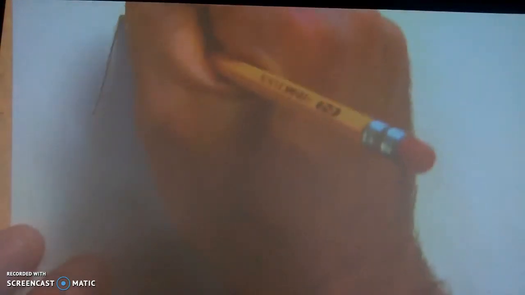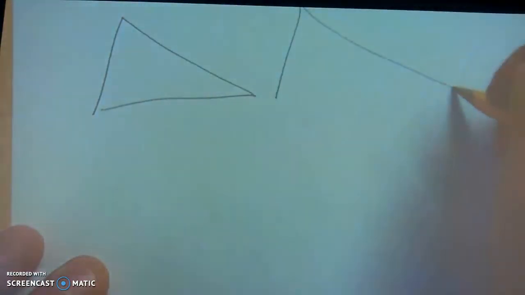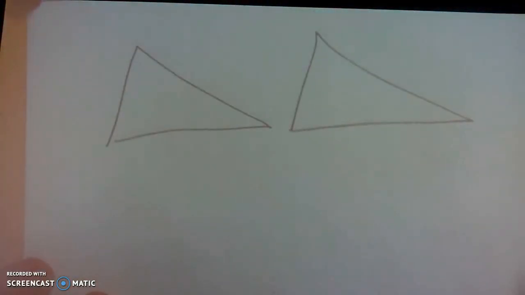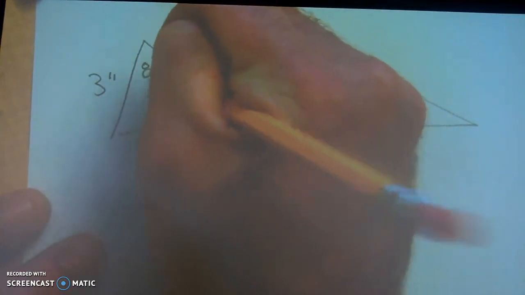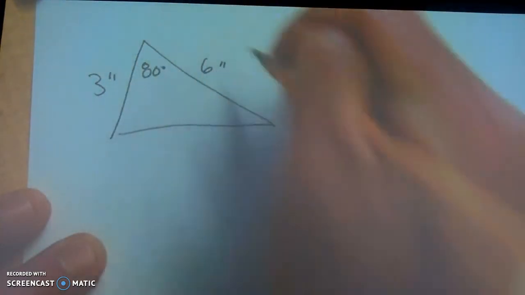I'm going to flip on the back and give you just one other couple of quick examples to help you on your worksheet there. So here's a quick one. Let's say we've got a triangle here and a triangle here that look like they're the same, but we want to know if we can prove it. Maybe 3 inches, 80 degrees, and 6 inches.